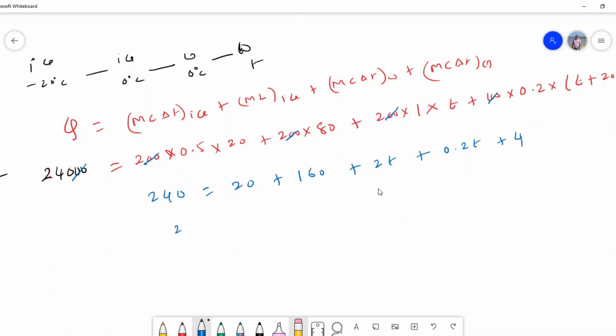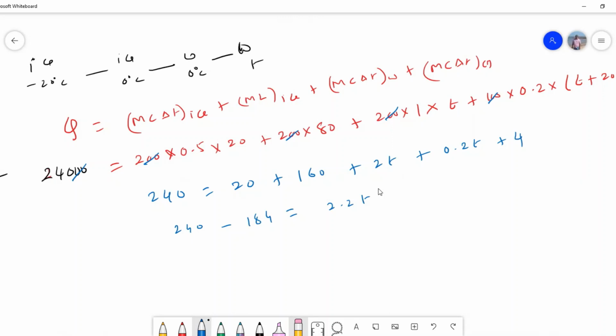Now this is 240 minus 184 is equal to 2.2T.